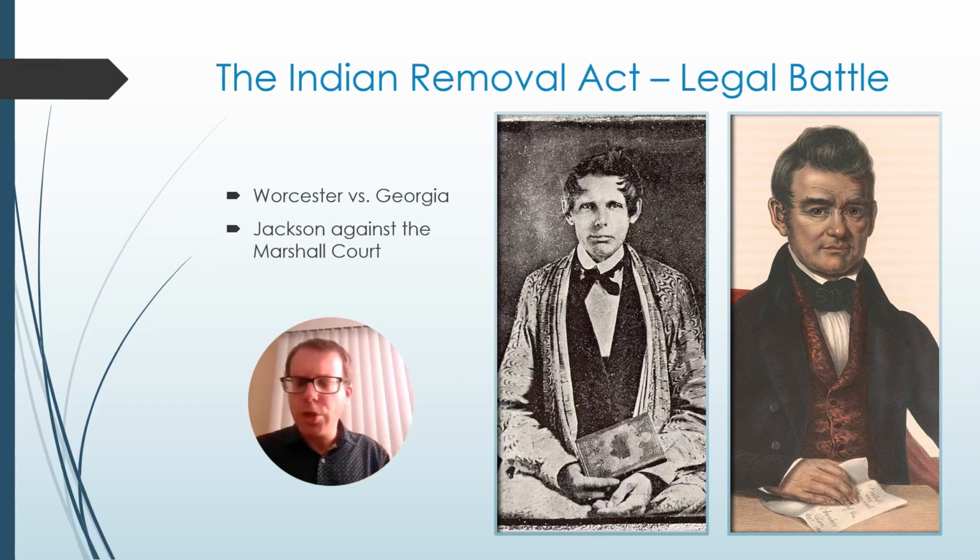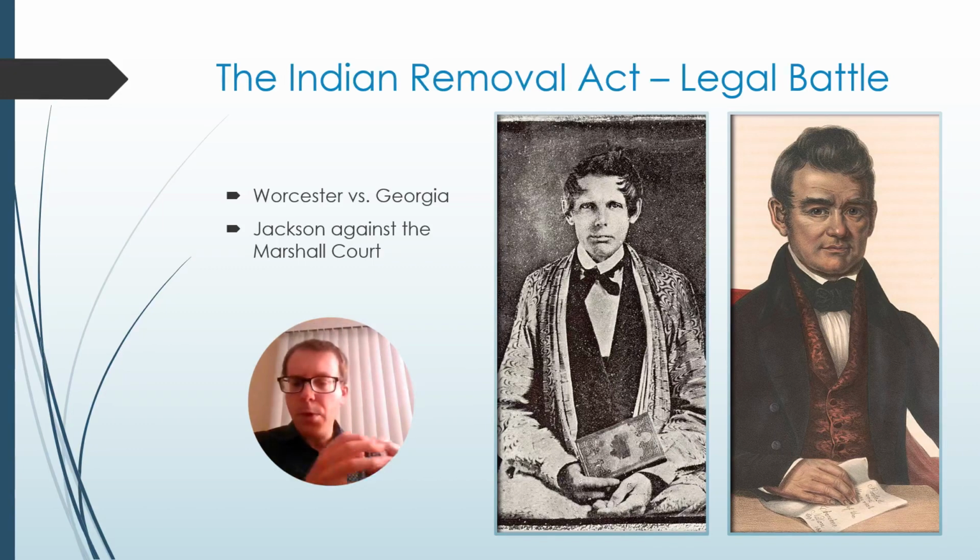And Ross and Worcester noticed that there was a law passed in the state of Georgia prohibiting unlicensed white men from living on Cherokee Nation territory. And Samuel Worcester was actually arrested by Georgia authorities for violating this law, for choosing to reside on the Cherokee Nation.